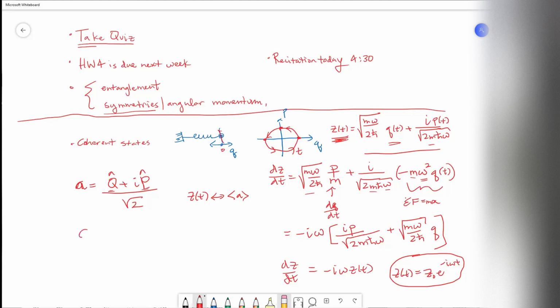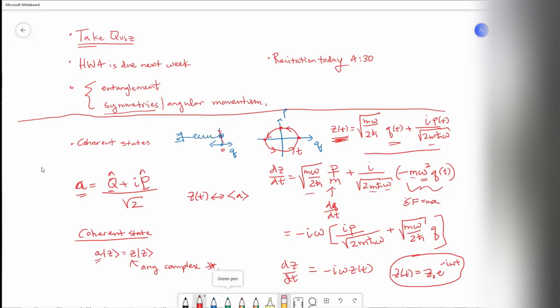So in particular, a coherent state is an eigenstate of this annihilation operator. So it satisfies a|Z> = Z|Z> like this. And it turns out that the spectrum of this operator is any complex number Z works. So the spectrum really includes all complex numbers.